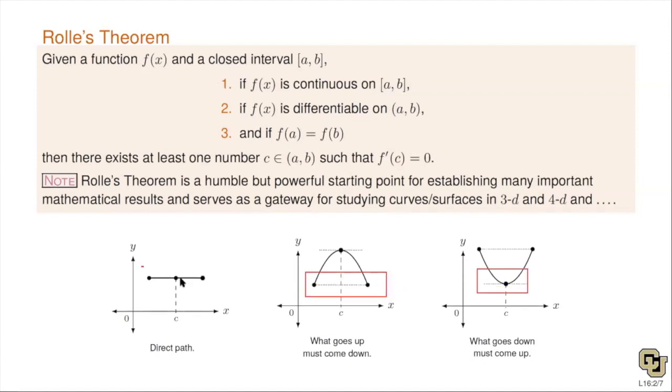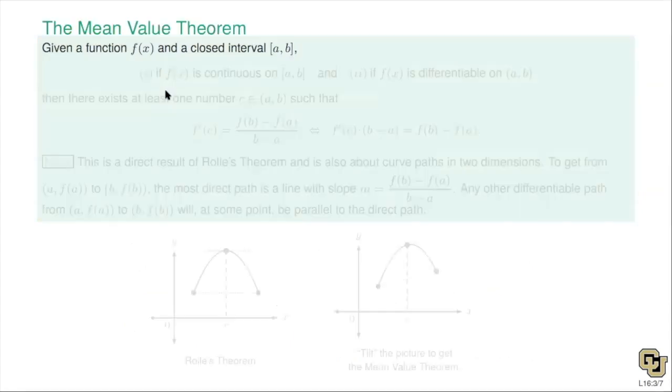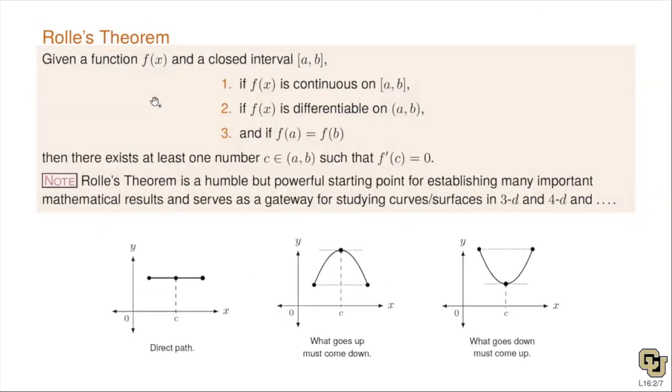If we're not actually taking the most direct path, any other path at some point will have to be parallel. So that's Rolle's theorem. And Rolle's theorem seems kind of pointless, like, oh great, what's the big deal? But it is a very humble starting point for proving very, very powerful mathematical results.